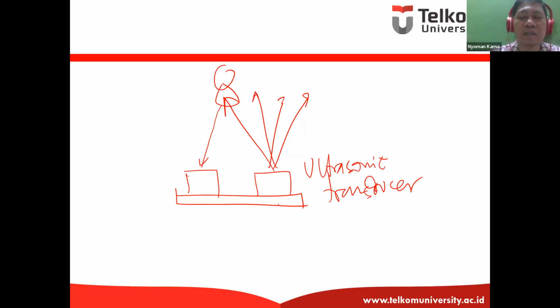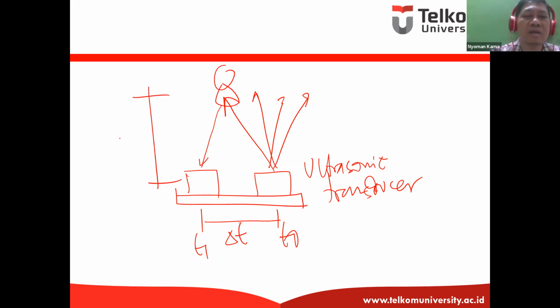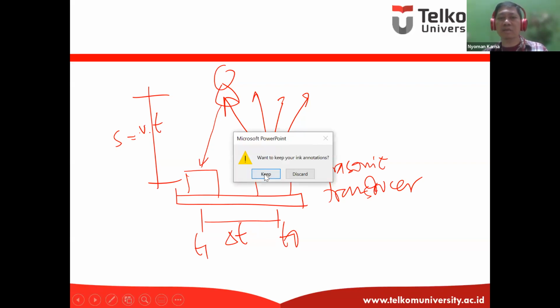And then based on the time difference between the time I send the signal and the time I receive the signal, I can measure the distance from the sensor to the object. Remember, S is equal to V times T. This is how the ultrasonic distance sensor works.